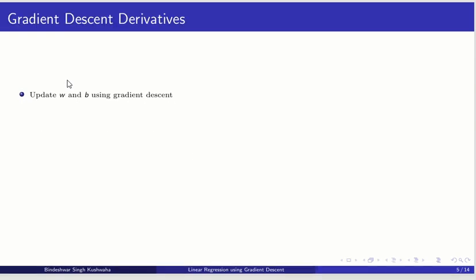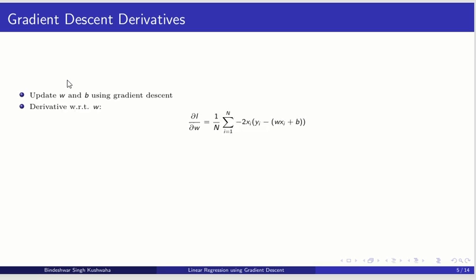Now what does the gradient descent algorithm do? So we will update w and b using gradient descent. So first of all we will take the derivative of the loss function with respect to w. That means if we change w and b, the loss function will increase or decrease.